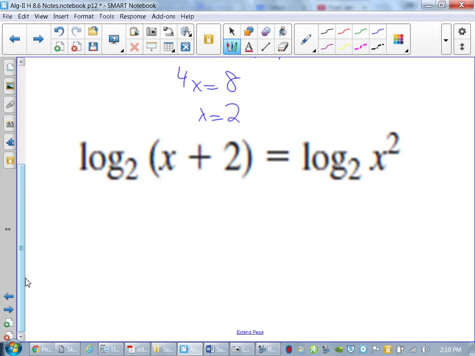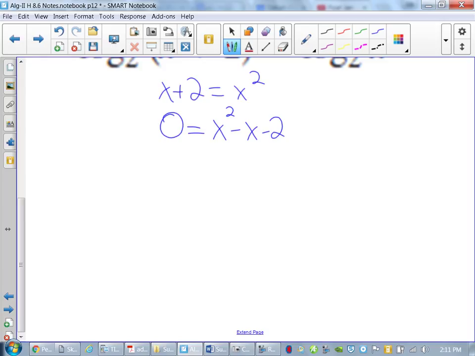So the logs go away, and you get x plus 2 equals x squared, which means you have to set one side equal to 0 and factor. What times what is -2? You add together to get -1.